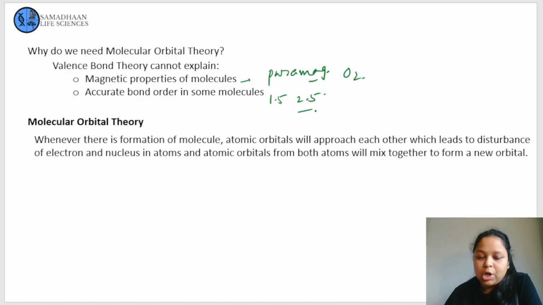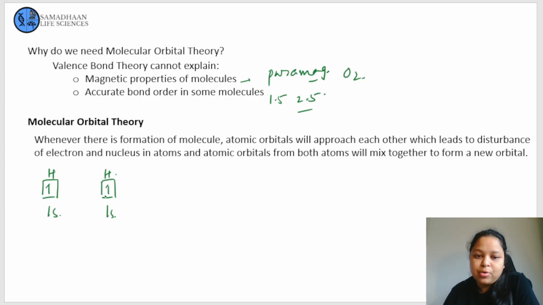Now, according to molecular orbital theory, when two atomic orbitals from two different atoms come together to form a molecule, for example, here we have two hydrogen atomic orbitals, those are 1s and have one electron in each orbital.